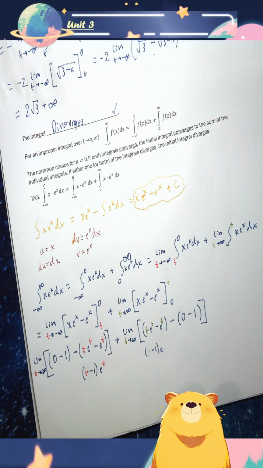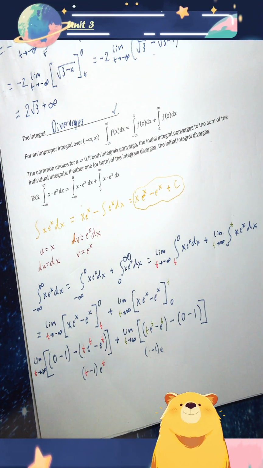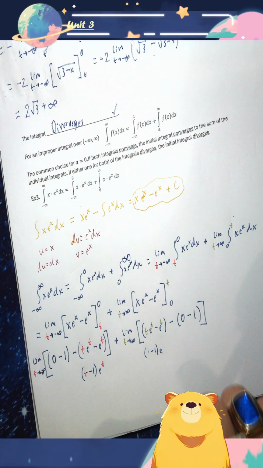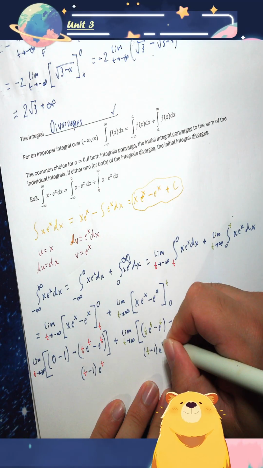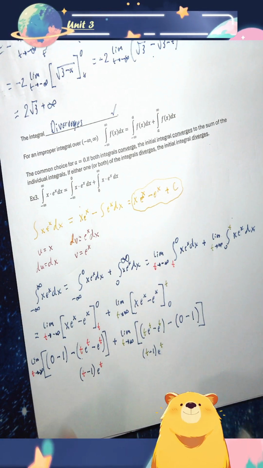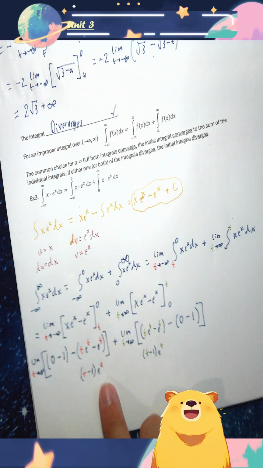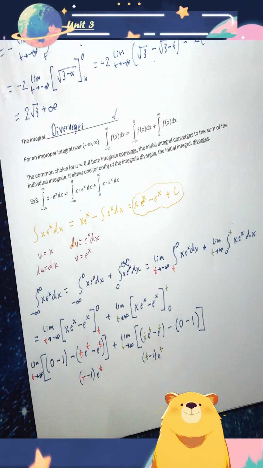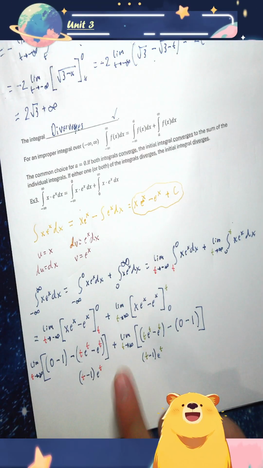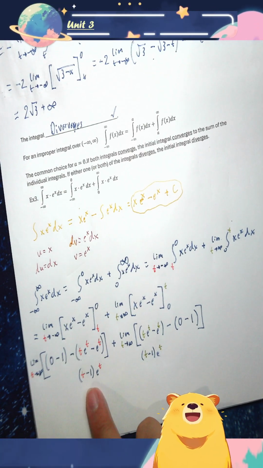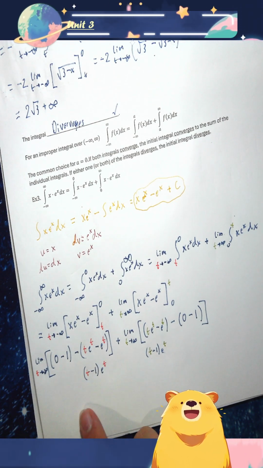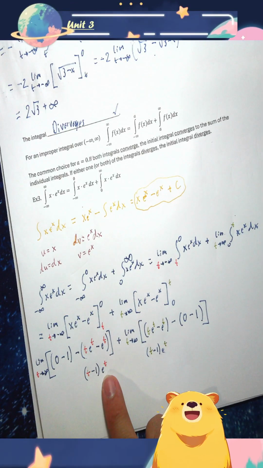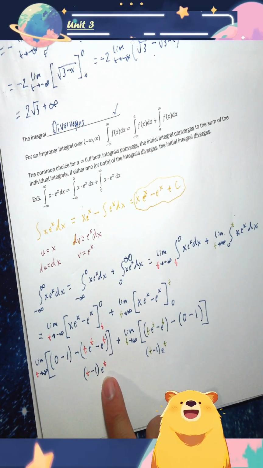Now, we have a beneficial thing over here. If we have t going towards negative infinity, then the e to the t will be 0.